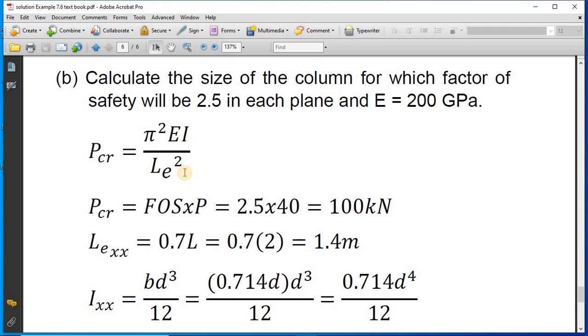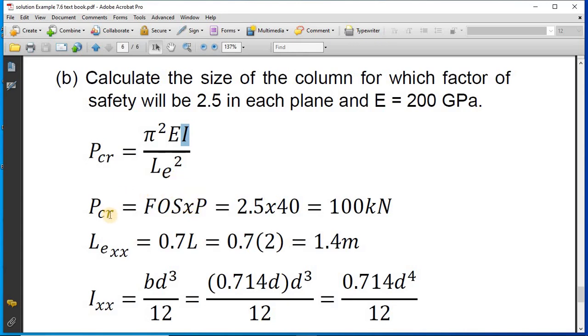But in the solutions, I have used the x-x axis. So you need to find the value of I about the x-x axis, and for the effective length, you need to do the same thing.